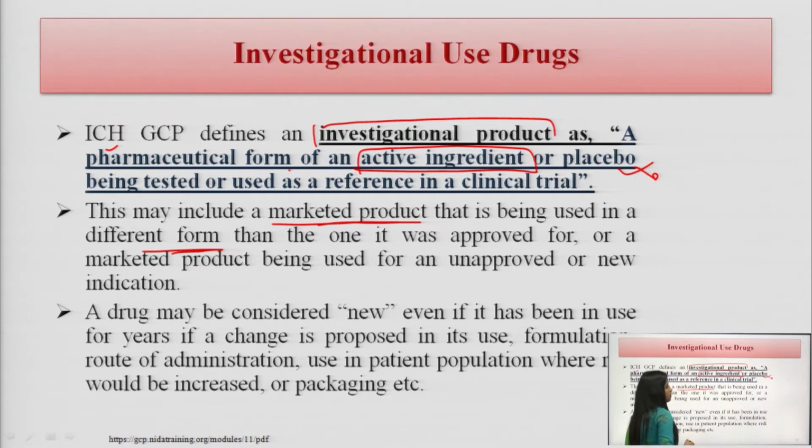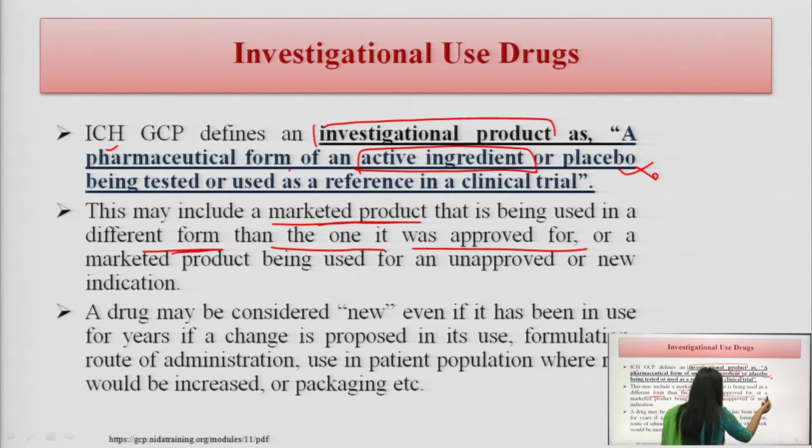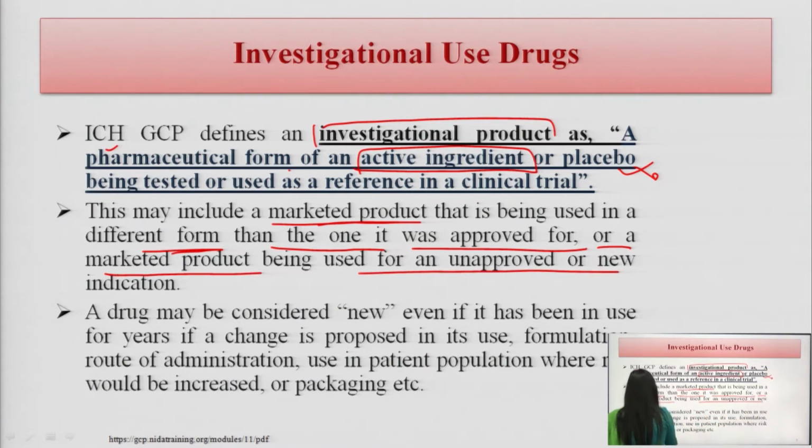Now there is a new trial on another formulation other than the capsule, such as an injection or syrup form. So we call it an investigational product. It's written here: the marketed product that is being used in a different form than the one it was approved for.